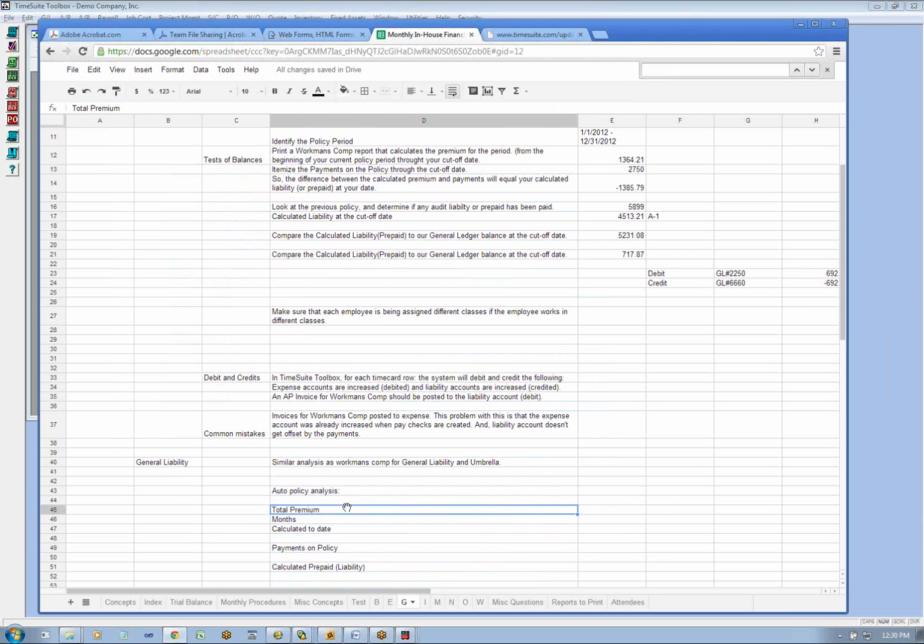The insurance companies are typically going to try to get you to prepay. So whether it's prepaid or liability, same concept, okay?